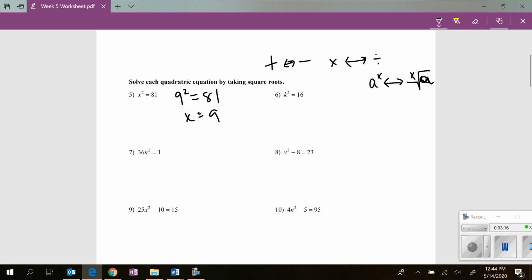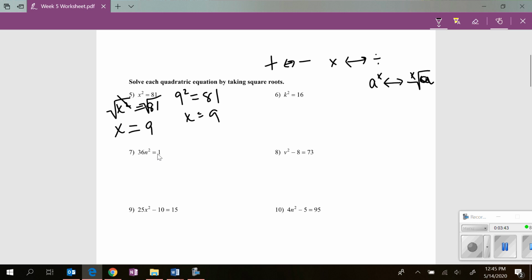But if you didn't know that off the top of your head, if I have x squared equals 81, I need to square root both sides, and that leaves me with just an x. The square root and the exponent cancel each other out. Use your calculator to find the square root of 81, which is 9. Okay?